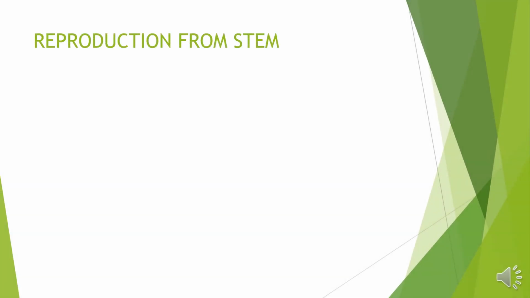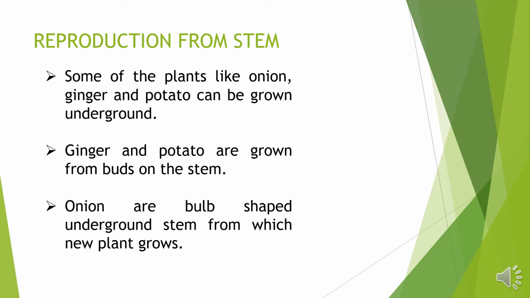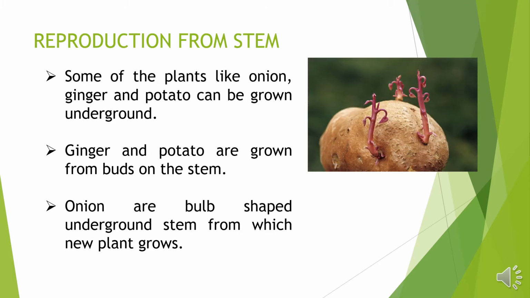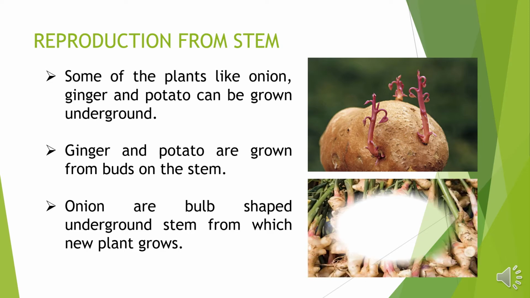Reproduction from stem. Some plants like onion, ginger and potato can be grown underground. Ginger and potato are grown from buds on the stem. Onion is a bulb-shaped underground stem from which new plants grow.